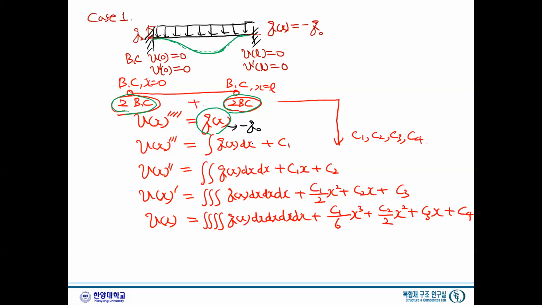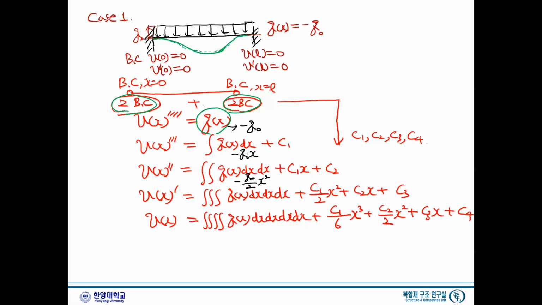And if you integrate, what will happen? Well, this will be simply minus q0 x, right? Since we integrate. And there is an integration constant C1. And integrate one more time. Well, not difficult at all. So minus q0 over 2 times x squared, and then plus C1 x plus C2.